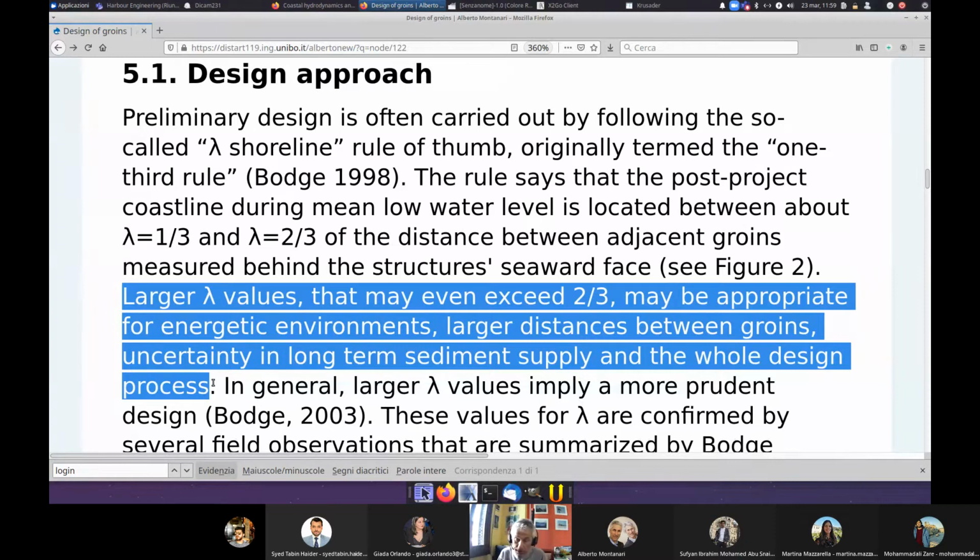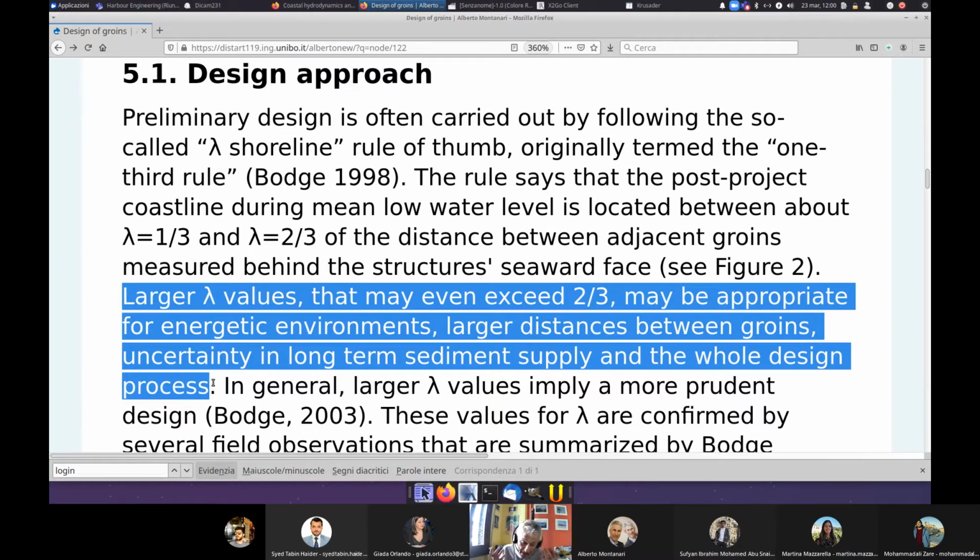And also, you may have uncertainties in the whole process: uncertainty in the definition of the wave forcing, uncertainty in the definition of the sediment supply. Sometimes you deal with situations where, maybe because there is a long experience and there are previous projects, you realize that uncertainty is there, but still not so concerning.